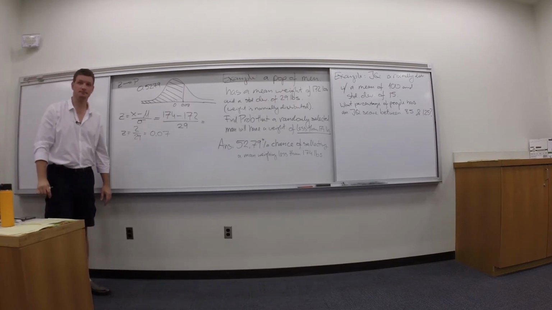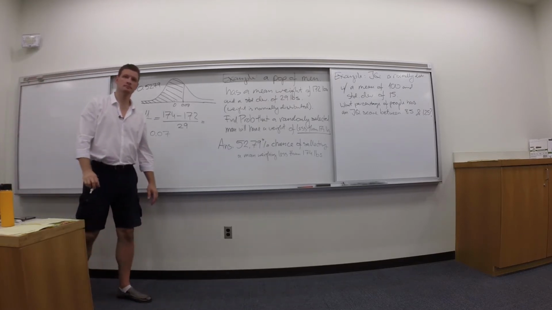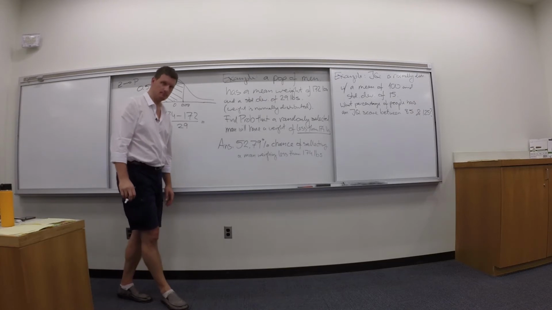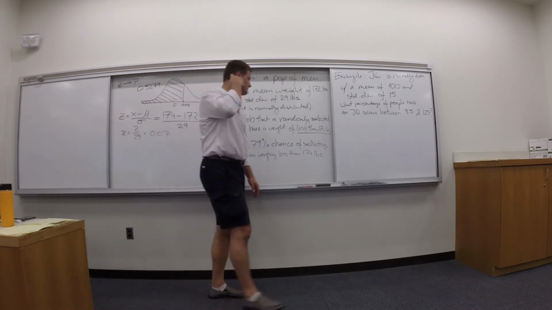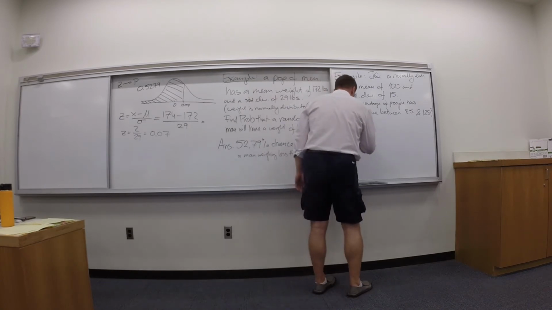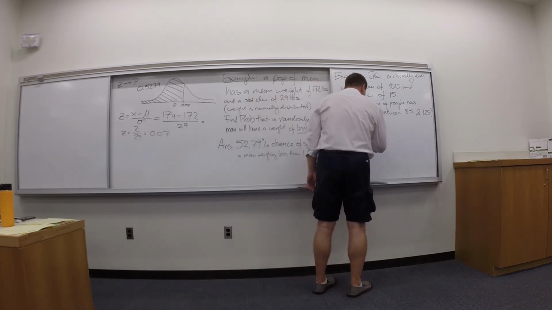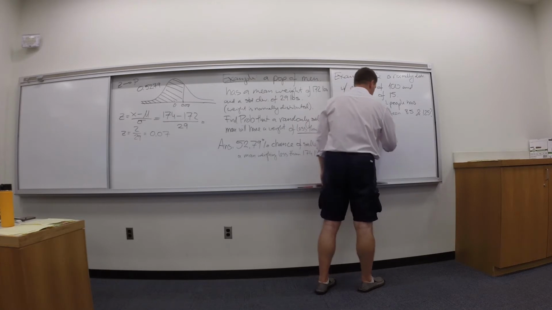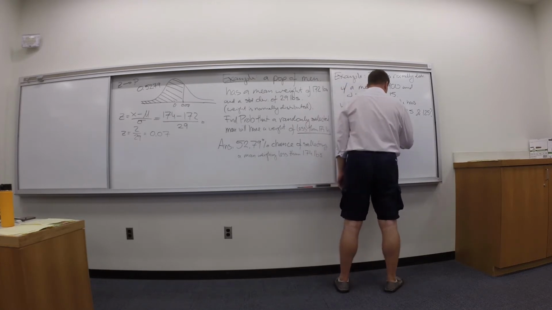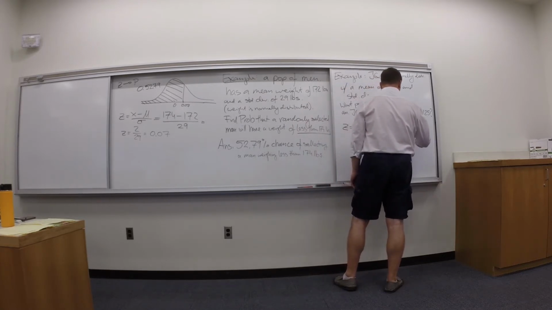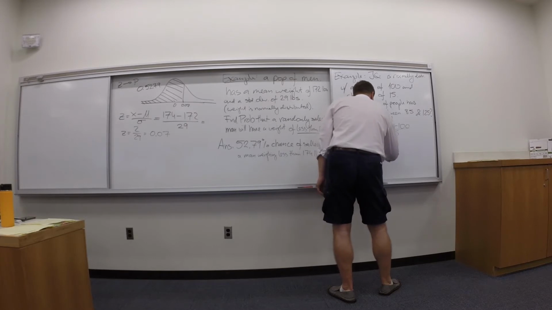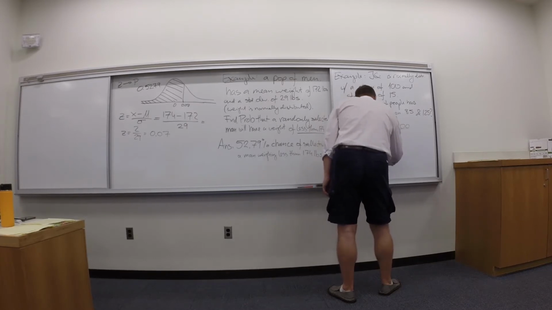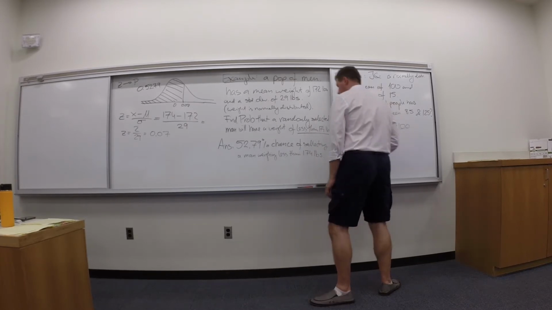So you set it up as 85 minus 100 over 15, and then 125 minus 100 over 15. And those are your two z-scores. Yes. So again, z-score is x minus mu over sigma, which in our case is 85 minus 100 over 15, and 125 minus 100 over 15.